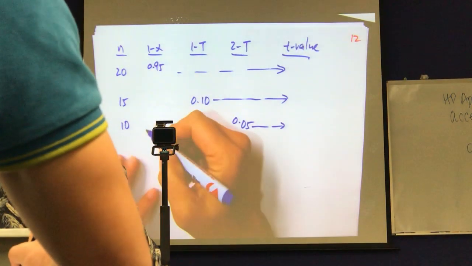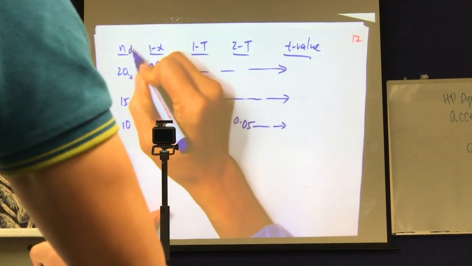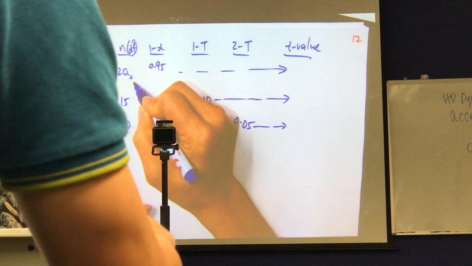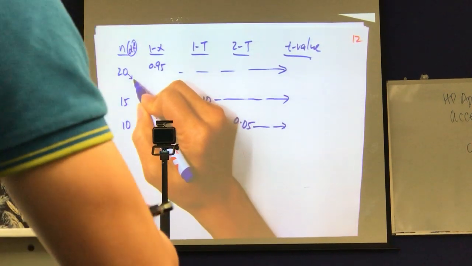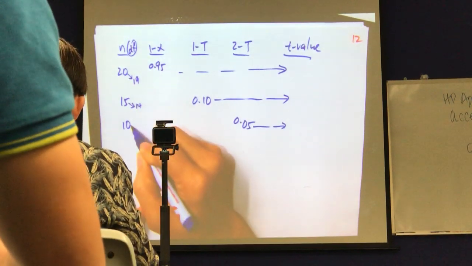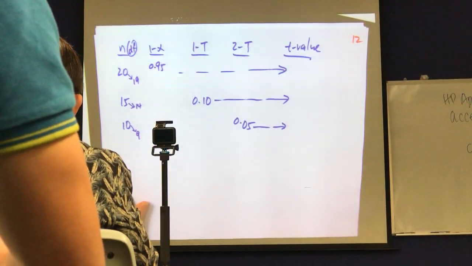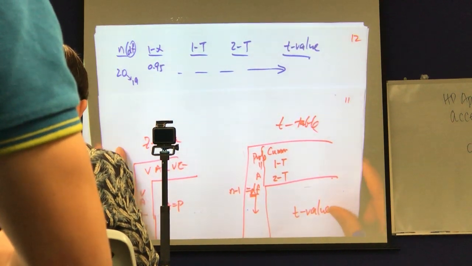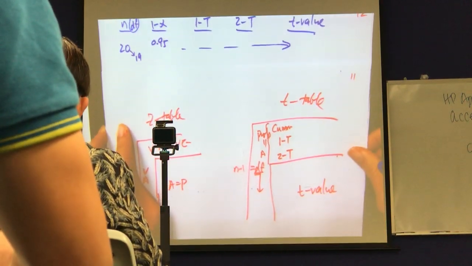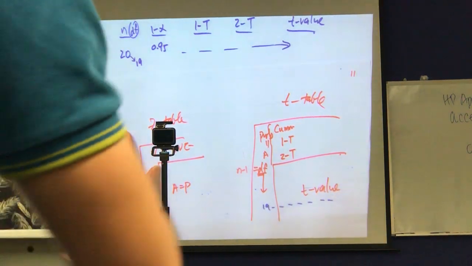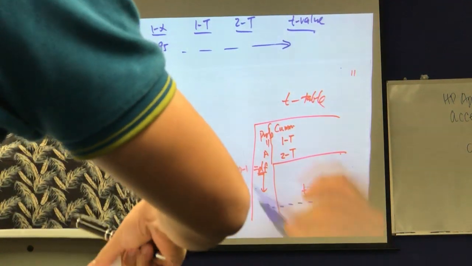So if it is given like this, what does it mean to the degree of freedom? Can someone tell me what's the degree of freedom here? Minus 1. So what is degree of freedom here? 19. This one? 14. This one? 9. So look at the 19, 14, and 9. Look at the 19. So you take the 19 over here, and 1 minus alpha.